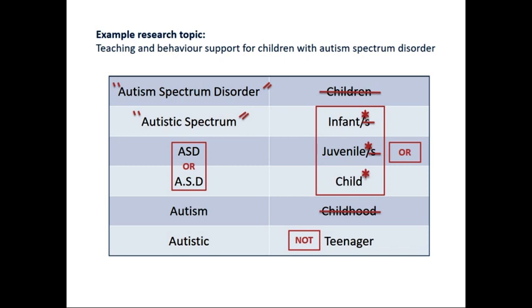So how do you actually put it into a database? Well, we've got another video coming up about that. But if we have two columns of keywords like this, all you need is one more operator, and that will be an AND.